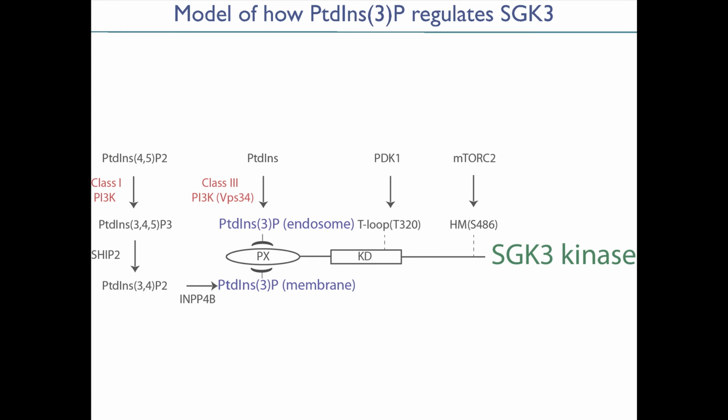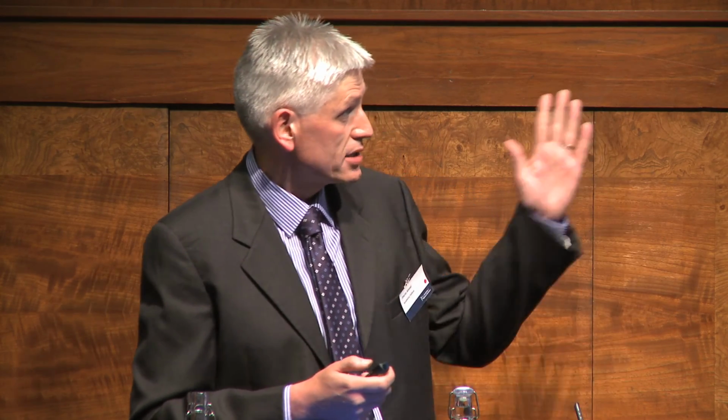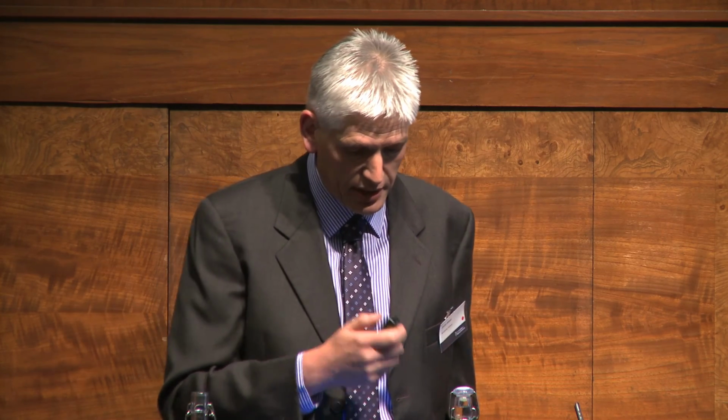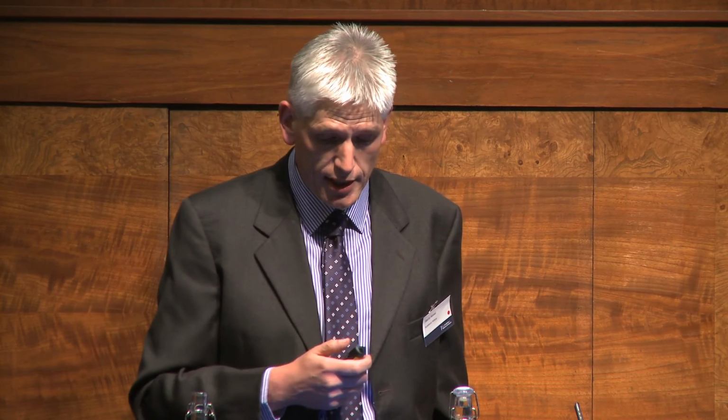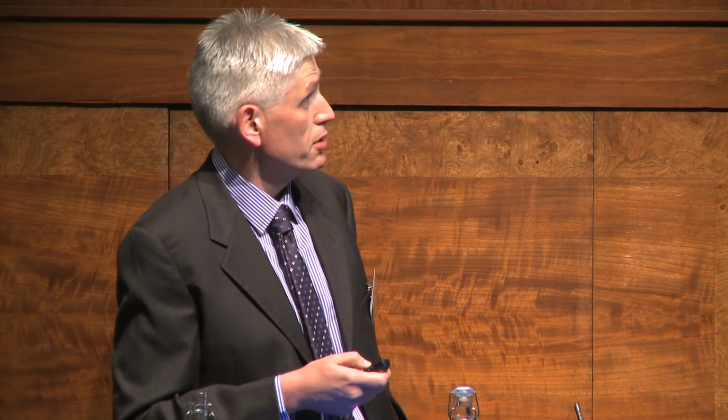And the reason why I think this is important from a cancer perspective is because this is probably going to be a critical pathway by which cancer cells might escape PI3-kinase therapy, by using other pathways to activate SGK3 and other related SGK isoforms that can take over from AKT in driving the proliferation of cancer cells.